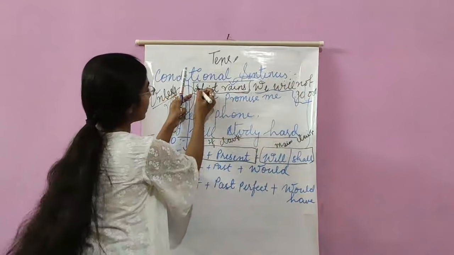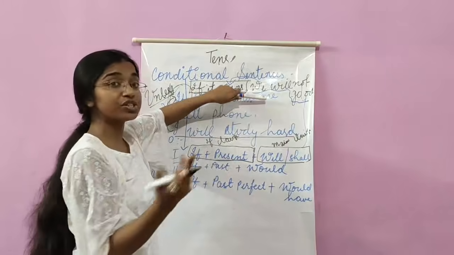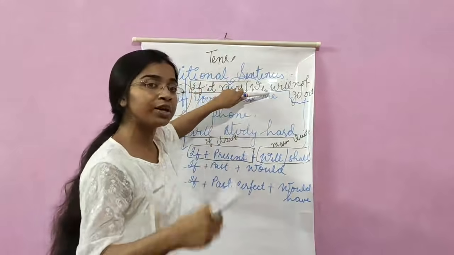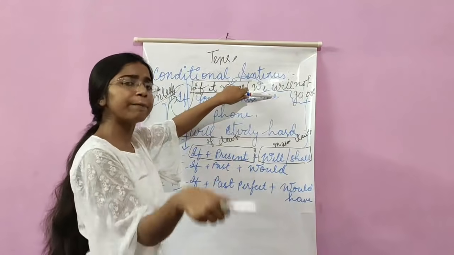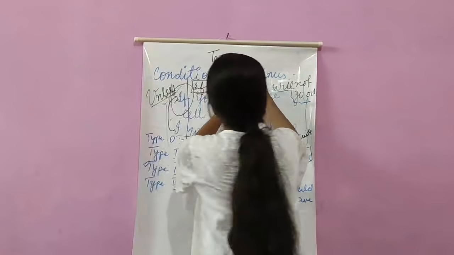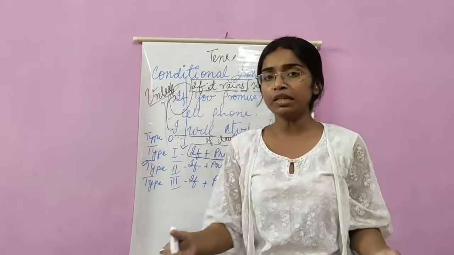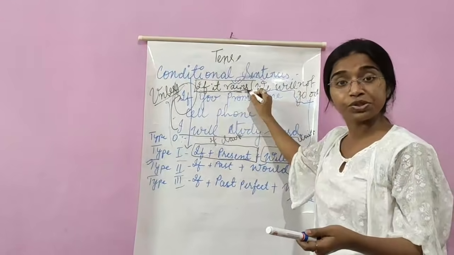If it happens, then the main clause will not be occurring. So if plus present, rains is which tense? It is present. And if you go into detail, as I told you in the previous session, if it rains, that means now it is not raining. It is going to rain maybe in the upcoming future. So this is a planned future.